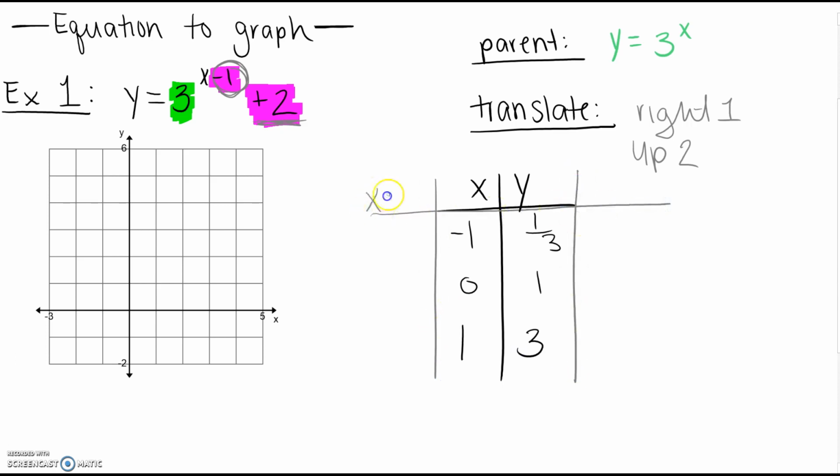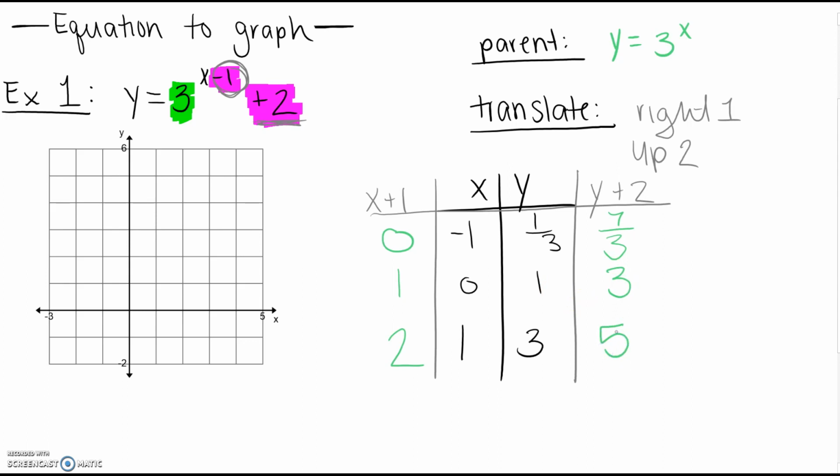So right 1 will be x plus 1, up 2 will be y plus 2. Filling in my table, negative 1 plus 1, 0, 0 plus 1, 1, 1 plus 1, 2. Filling in my y values, 1/3 plus 2 will be 7/3. 1 plus 2 is 3, and 3 plus 2 is 5.